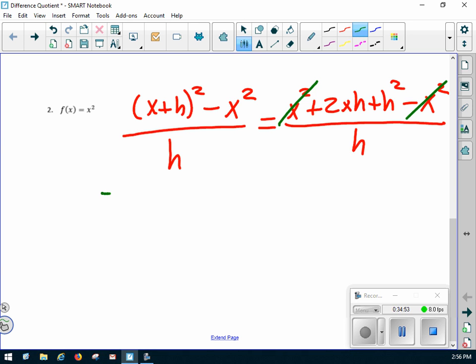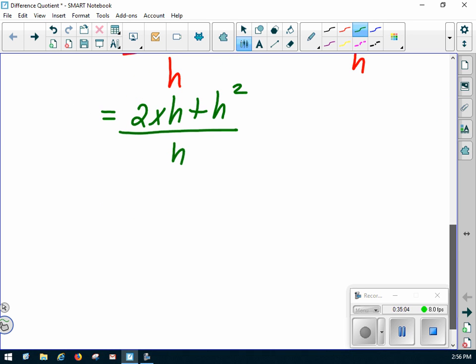So what we've got now is 2xh plus h squared divided by h. Can we simplify that any further? How? Factor out an h as a GCF.